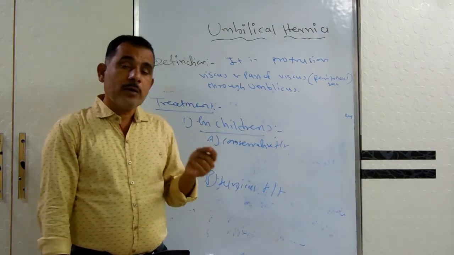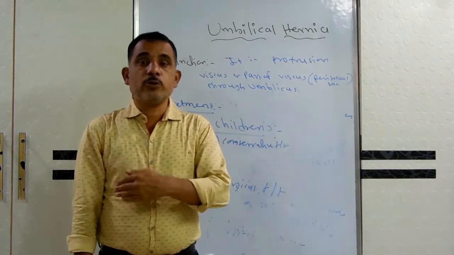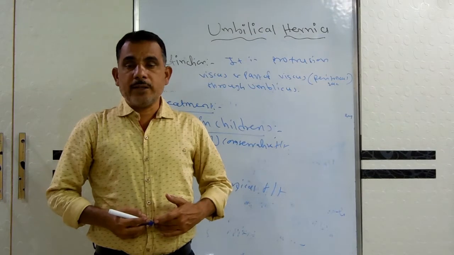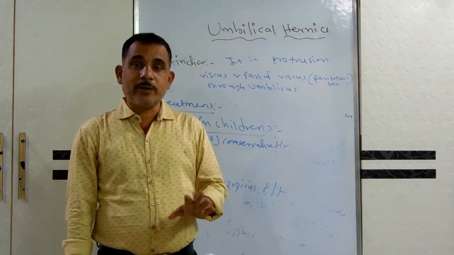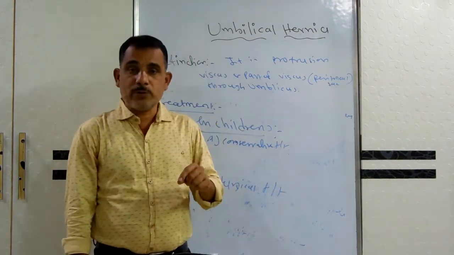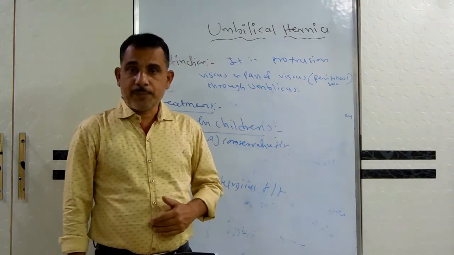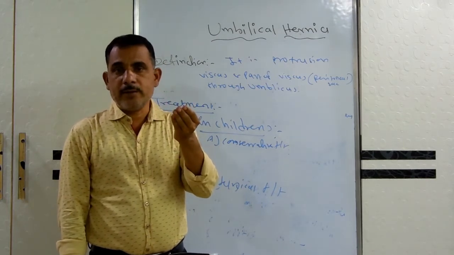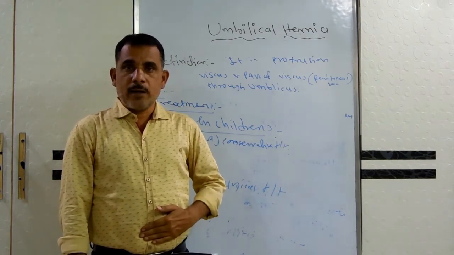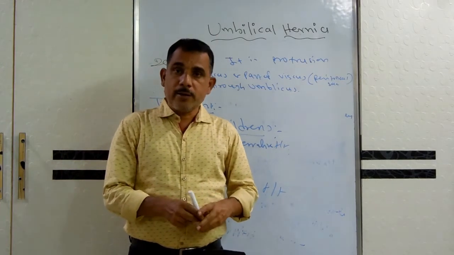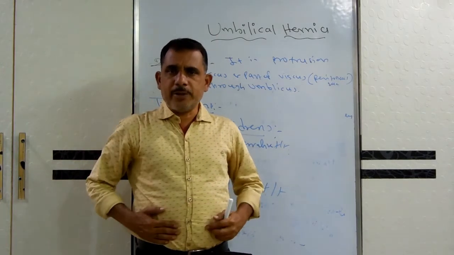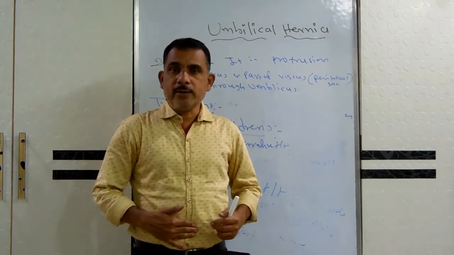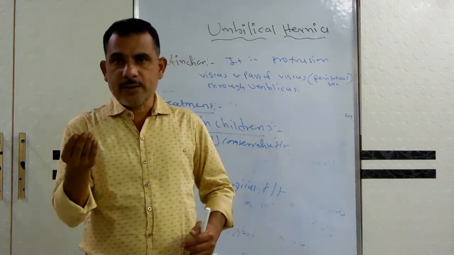Nowadays many surgeons use plasters by apposing the two sides, isn't it? But the old and very popular method you can still use: after reducing the hernia, keep a large coin or round metal plate on the umbilicus, and instead of plaster you can use a big sticking plaster. Reduce the hernia first, then after reduction keep a coin of 1 rupee or 2 rupees.